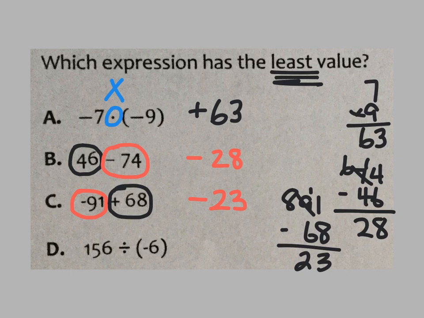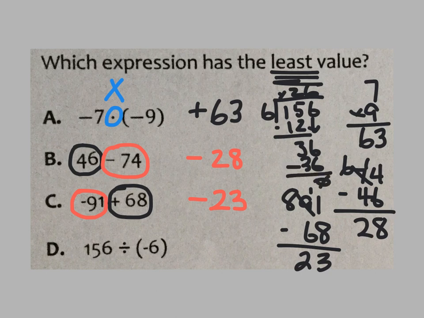Finally, 156 divided by negative 6. 156 divided by 6. 6 does not fit into 1. 6 goes into 15 twice. 6 goes into 36 6 times. 26.